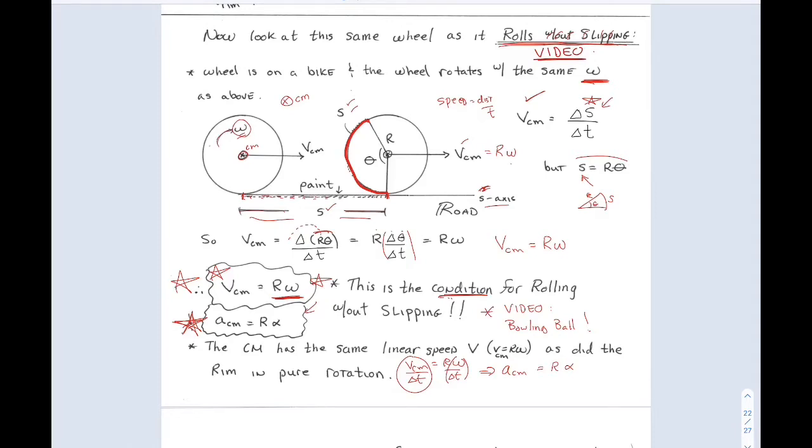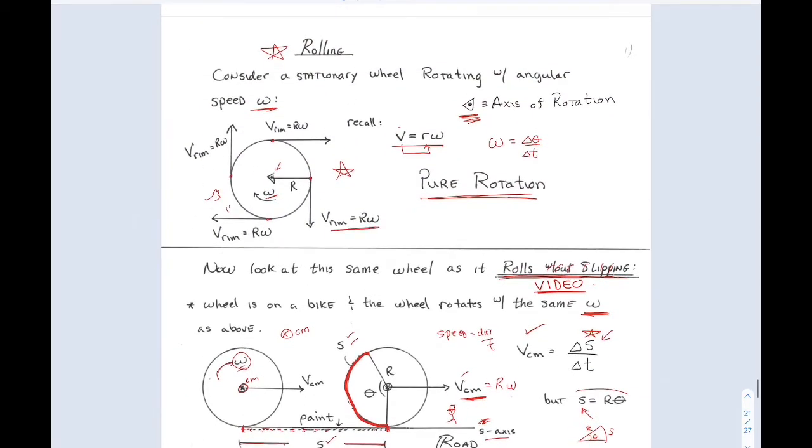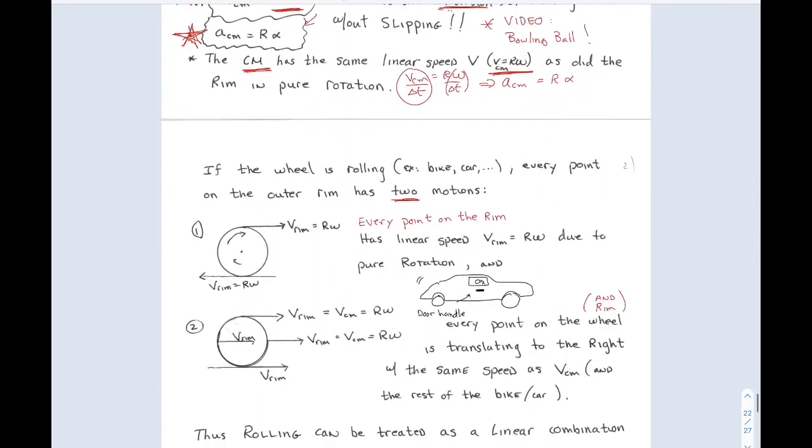So the center of mass has the same linear speed as the rim did when it was purely rotating. When this thing rolls by and you're standing there watching, the speed of the center of mass is the exact same speed that the rim had when you were just holding the wheel and rotating it.